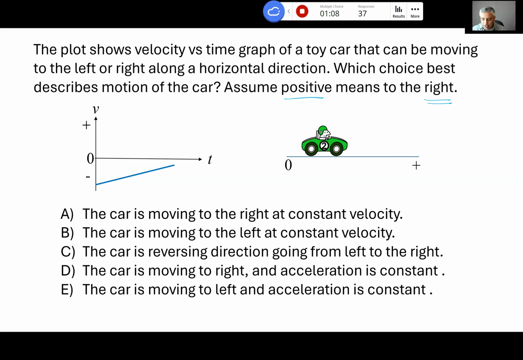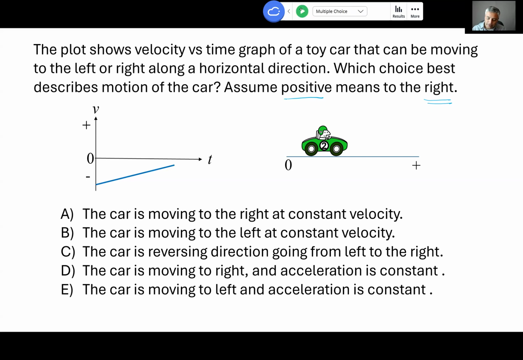So velocity positive means right. That means velocity negative means left, right? So keep that in mind. Five more seconds. 5, 4, 3, 2, 1, and it stops.